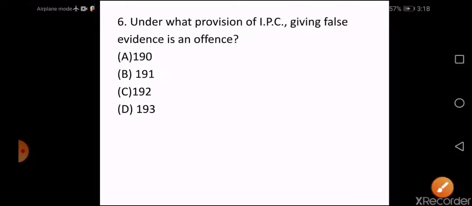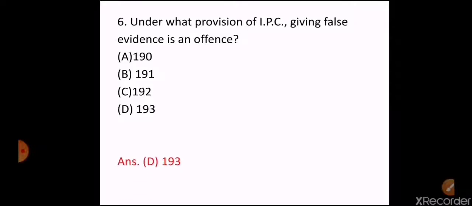The next question is, under what provision of the IPC is giving false evidence an offence? The options are A. section 190, B. section 191, C. section 192, D. section 193, and the correct answer is option number D, that is section 193.